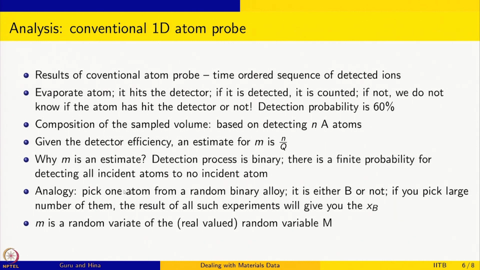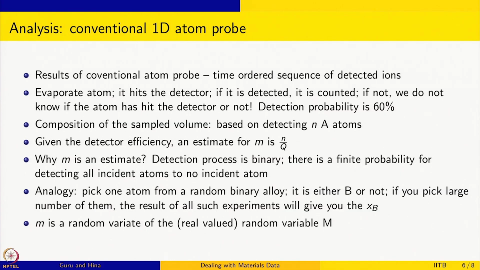Think of an analogy. Let us say that we pick one random atom from a random binary alloy, it is either B or not. Now, if you pick a large number of them, then the fraction of B atoms that you would pick would correspond to the composition. But there will always be an error.